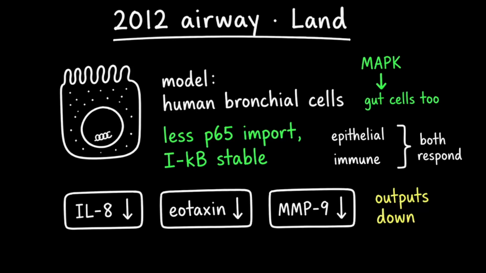And some gut studies also added a second pathway. So KPV also reduced MAPK activation. It's another route cells use to respond to stress and inflammation, and it matters in two cell types. So both epithelial cells as well as immune cells. And that's why KPV is interesting for barrier issues here, not just for immune cells.